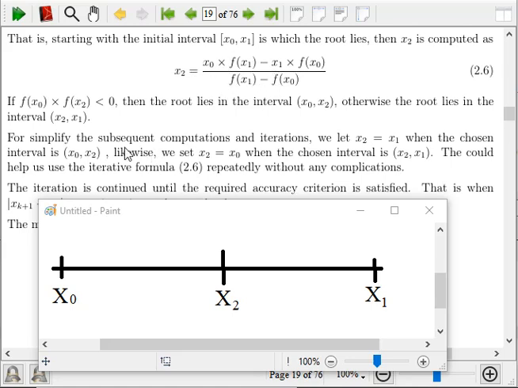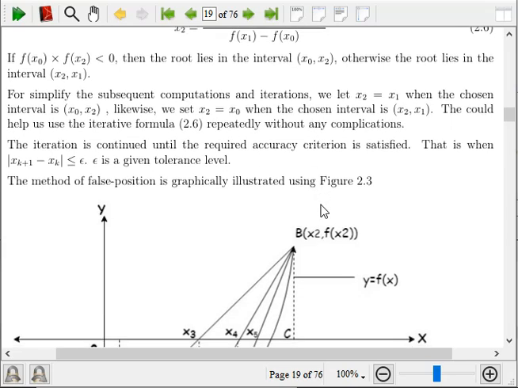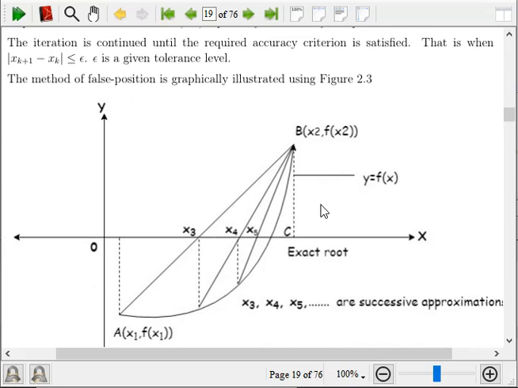And when it is x2 and x1, we replace x2 with x0 so that we can use the same formula. We do that to simplify the computations for you.